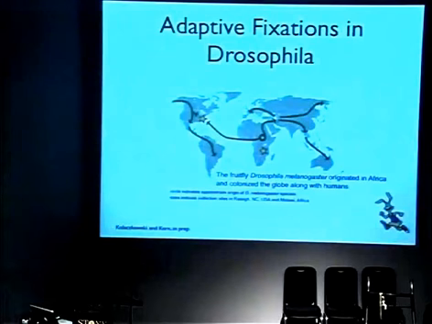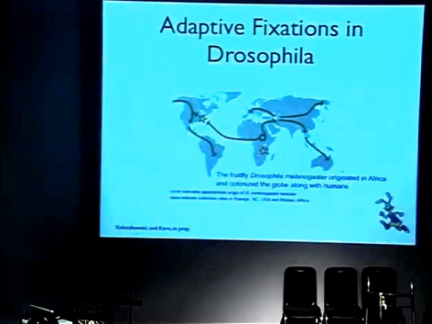So let's look first at adaptive fixations in Drosophila. Drosophila has an interesting demographic history. It mirrors our own. In fact, flies first got to the New World as a result of people, probably around the time of the actual slave trade.